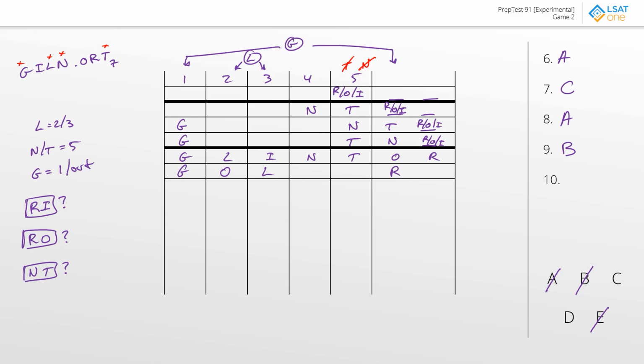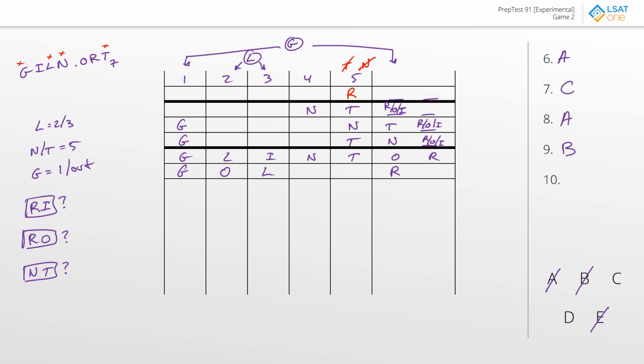The question asks, if everything else remains, which of the following must be true if R is last? Well, that's a pain. So we have a further restriction here. In fact, the idea that N and T are not last is kind of useless because they outright tell us that R now would have to be in the last position.